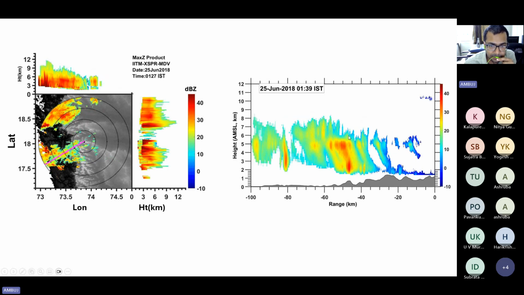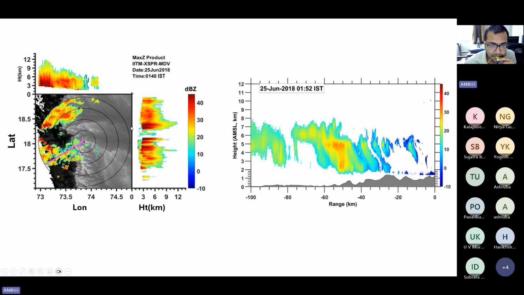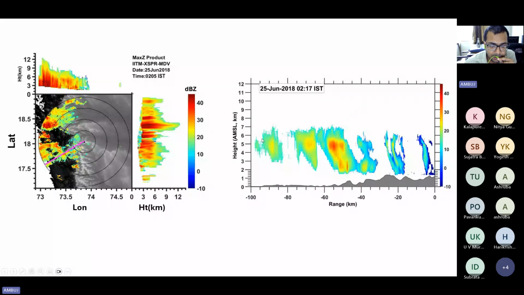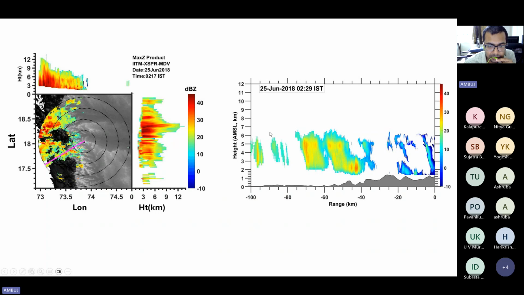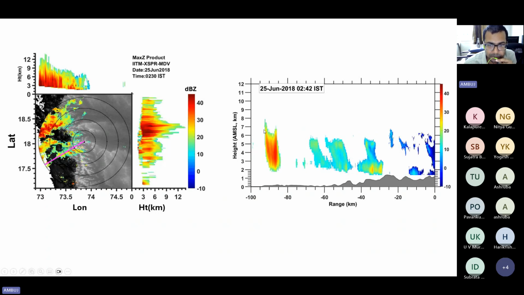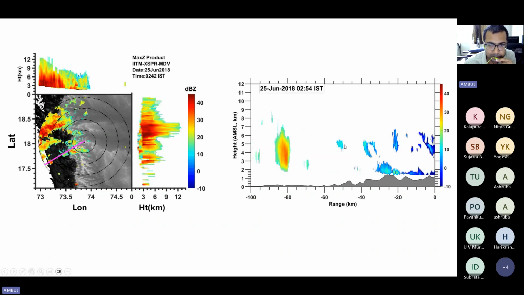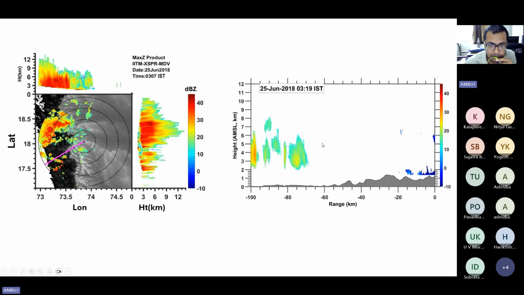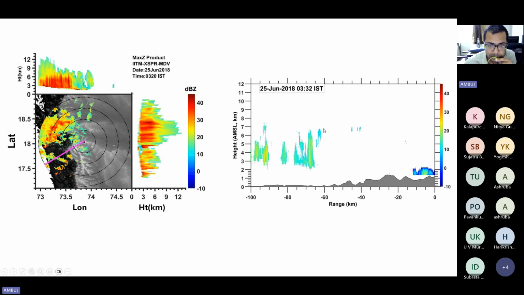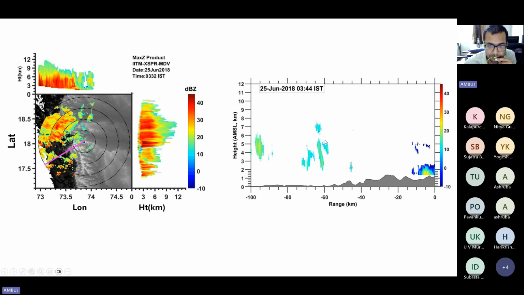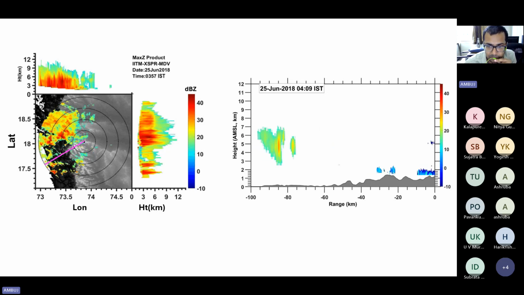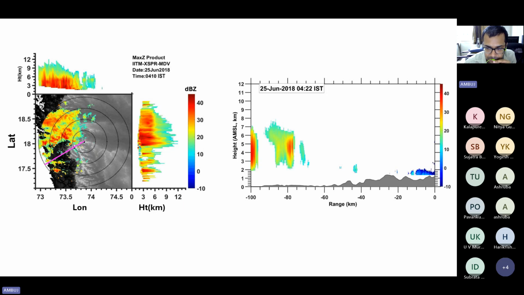Here again we can observe a similar pattern where deep convective clouds form over the ocean and low-lying slopes, and they move towards windward slopes. We can see the top height of the clouds decreases. Clouds become shallower as they rise over windward slopes.